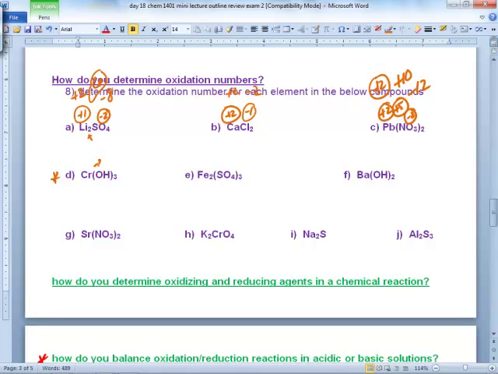Okay, good. O is -2. Keep going. Chromium's 3.